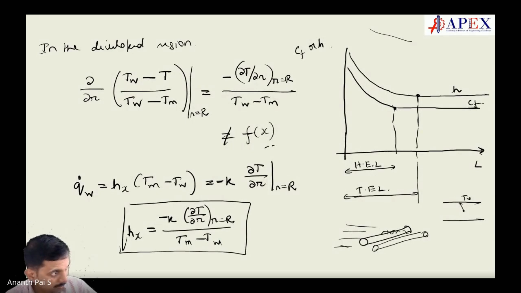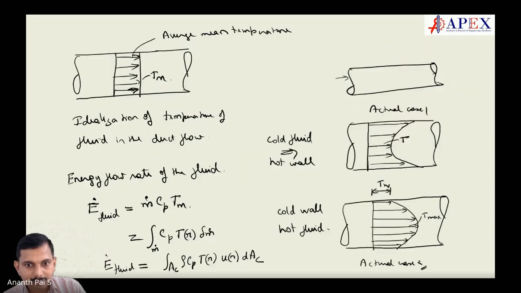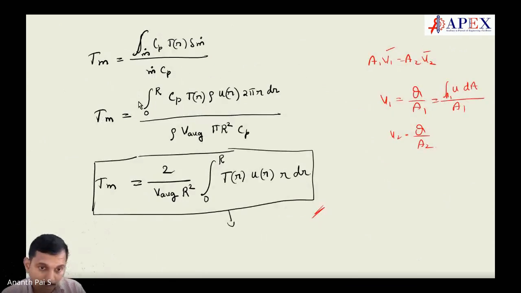Mean temperature is the mean temperature at a cross section. This one is equivalent to this. Not the maximum, it's a mean. You calculate that using this equation. It is just like I said.